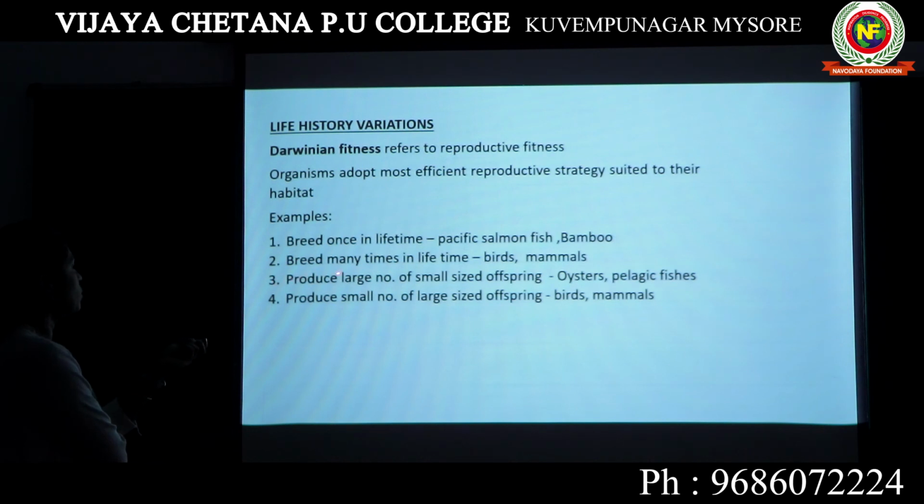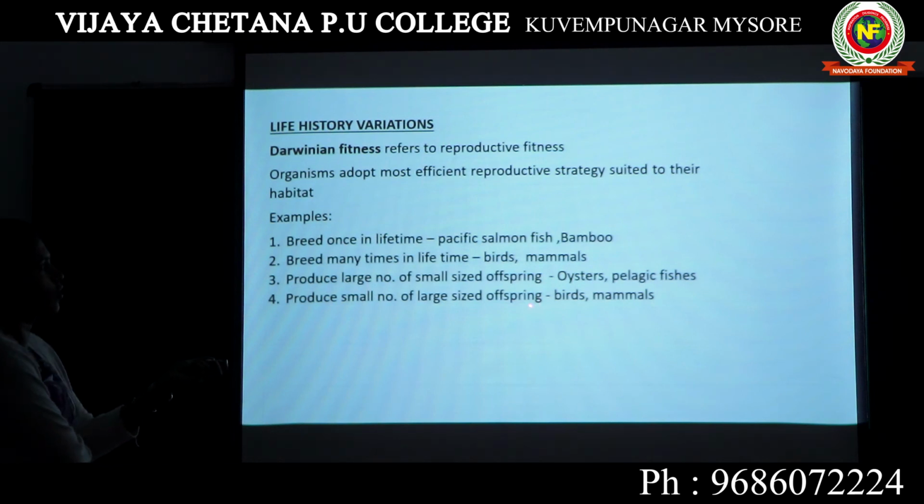There are organisms who will produce a large number of small sized offspring. Examples: oysters and pelagic fishes. The last category is the organisms who will produce a small number of large sized offspring. Examples: birds and mammals. So these are the different organisms carrying out different types of reproduction or breeding.